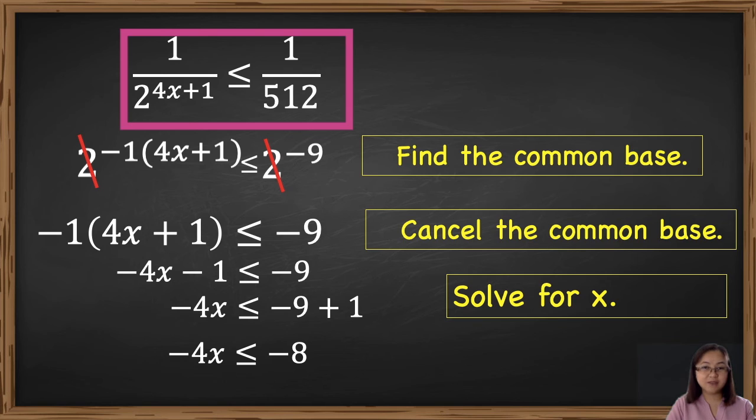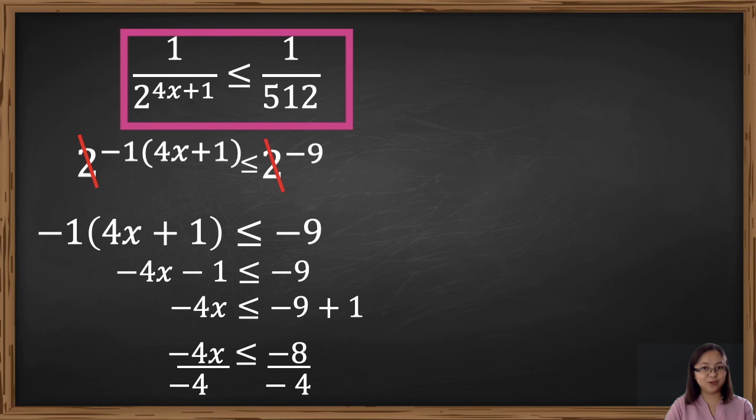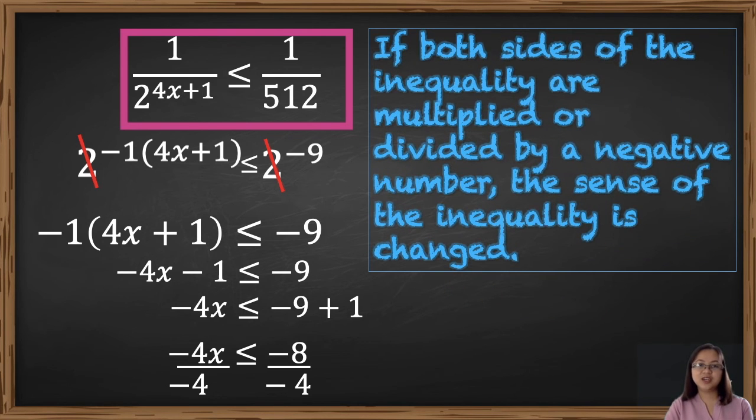And in that case, since we still have negative 4, we divide both sides by negative 4. So, cancel it. We're going to get x is less than or equal to. But take note, if both sides of the inequality are multiplied or divided by a negative number, the sense of inequality is changed.